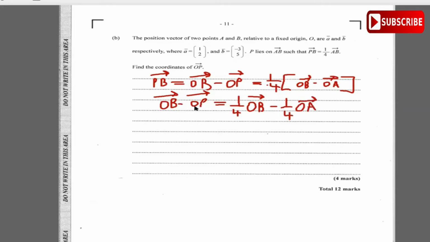To make OP the subject, bring OP over here and bring everything else over there. So what we're going to get is OB, and I'm going to bring over a quarter OB to get minus a quarter OB.